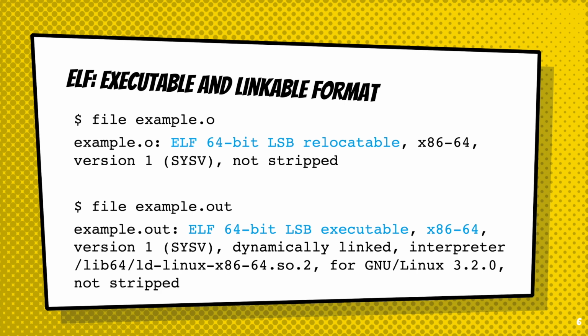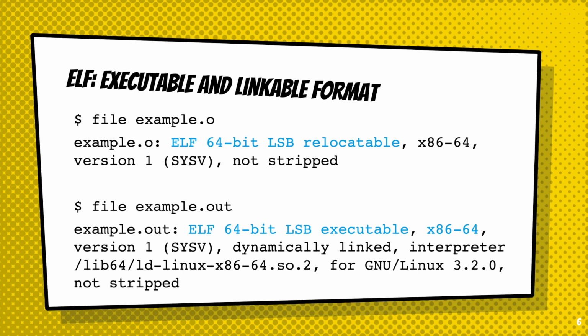Similarly, if we do file followed by the generated .out file, which is the file generated after linking using ld, we'll be able to see that the file is in the format of ELF 64-bit LSB executable. The difference between these two files is that the first file is relocatable, which is the file format before linking.